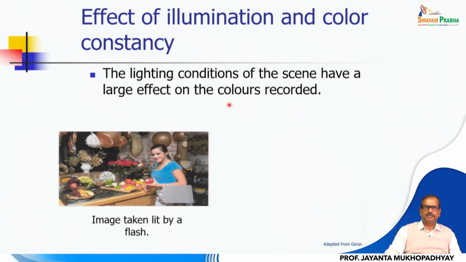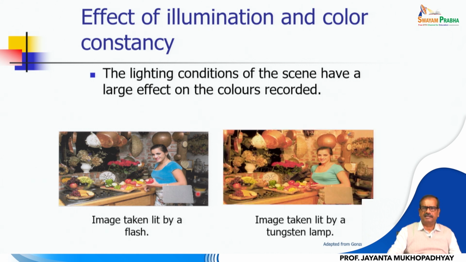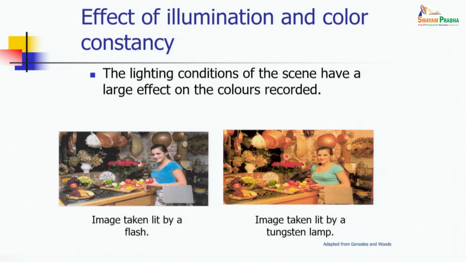One example could be an image taken with flash, and if I take it with another kind of lamp and display it, you can see that a certain background hue is getting added because of the change of light source. The spectral power density of the light source is affecting the recorded values, and so the display also.